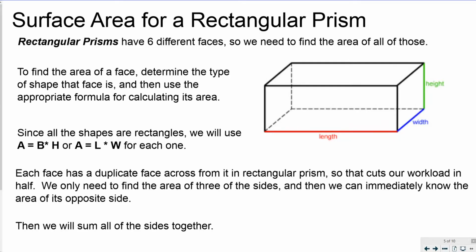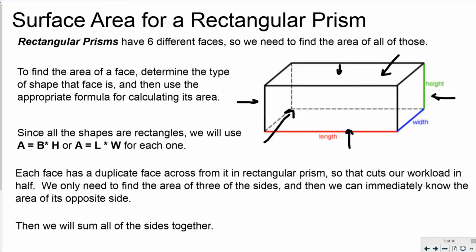Each face has a duplicate face across from it in a rectangular prism. So this face on the top here has this face on the bottom, and then you have the faces on the sides, and then this face on the back, and then this face up front. So you have top, bottom, side, side, then the lateral face in the back and the lateral face in the front.